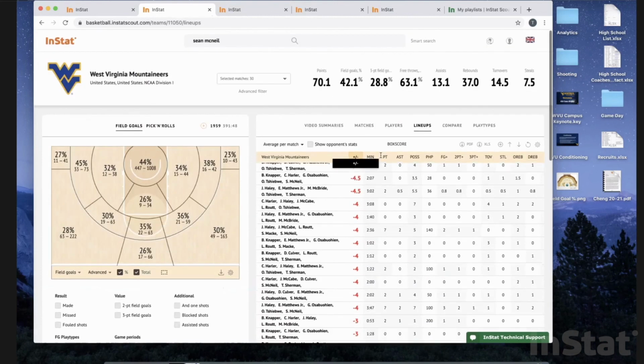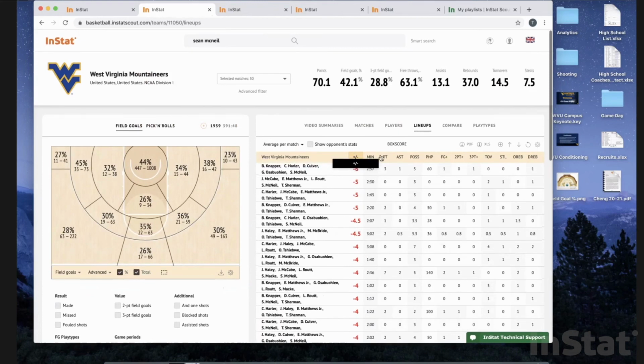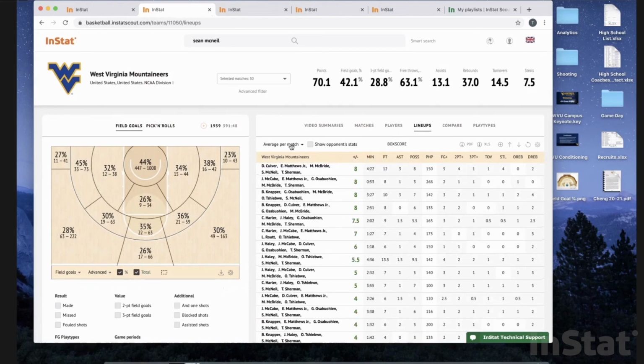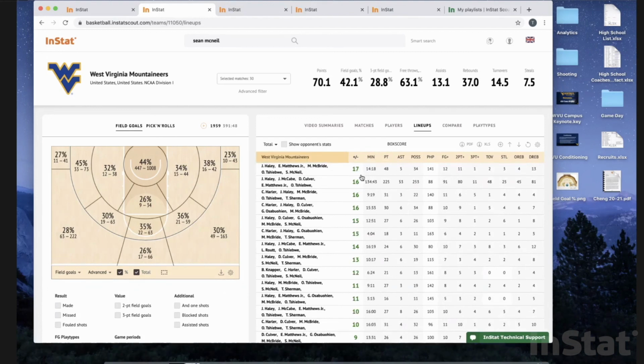And we'll do this for negatives too. We don't want them necessarily to have a high amount of negatives just because we got blown out one game. So like this lineup of Jermaine, Emmett, Deuce, Oscar, and Sean was a plus 17 in 14 minutes total, which is great. But how much of that 14 minutes was against a team where we blew them out by 20, 30 points?